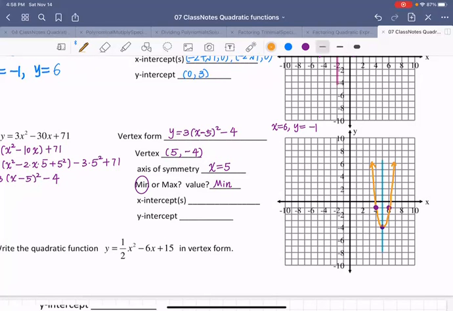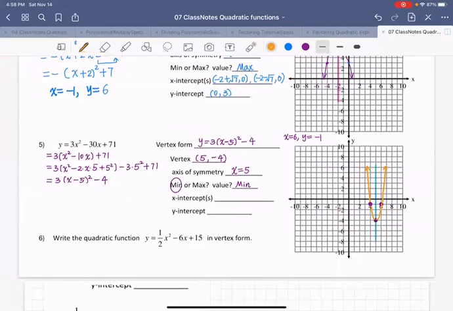How do we calculate the x-intercept? We want to make this equal to 0. Now you see, we already make this as a vertex form. So let's set this equal to 0, which is easy to solve, because this one is not factorable.